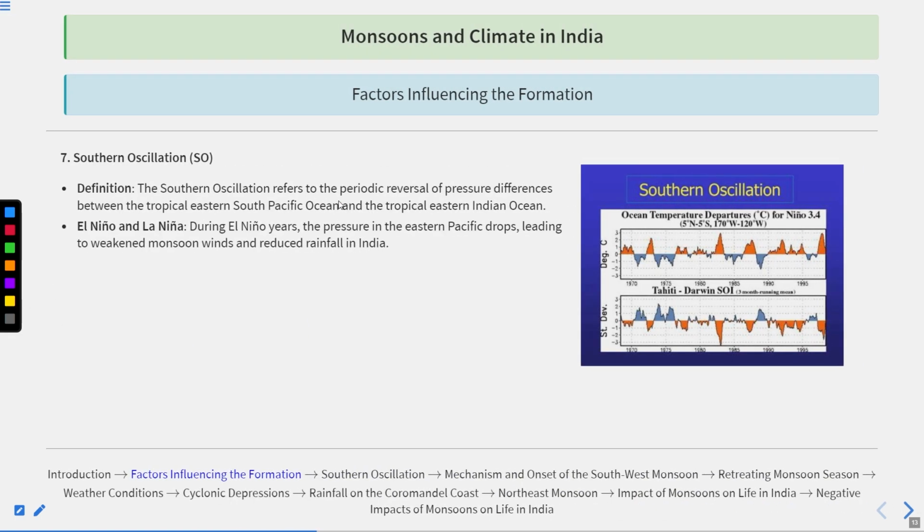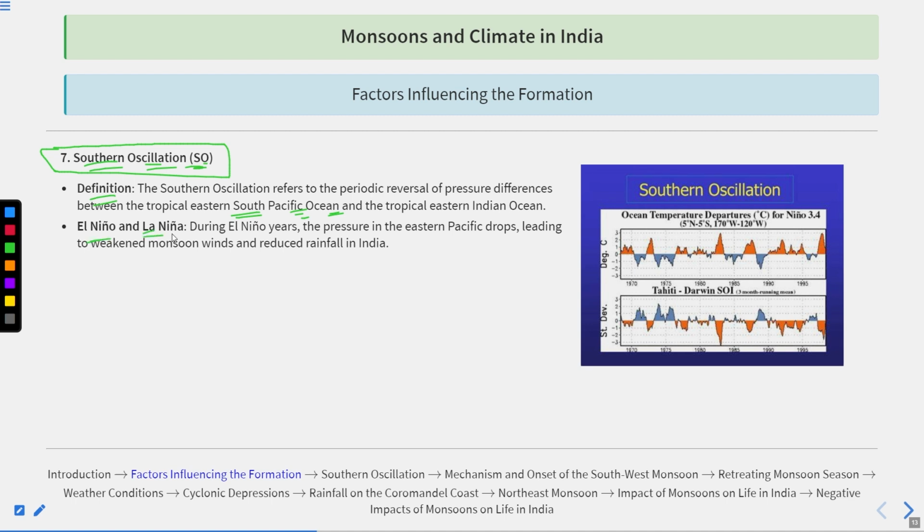Thereafter, the southern oscillation. If we talk about the definition, the southern oscillation refers to the periodic reversal of the pressure differences between the tropical eastern South Pacific Ocean and the tropical eastern Indian Ocean.